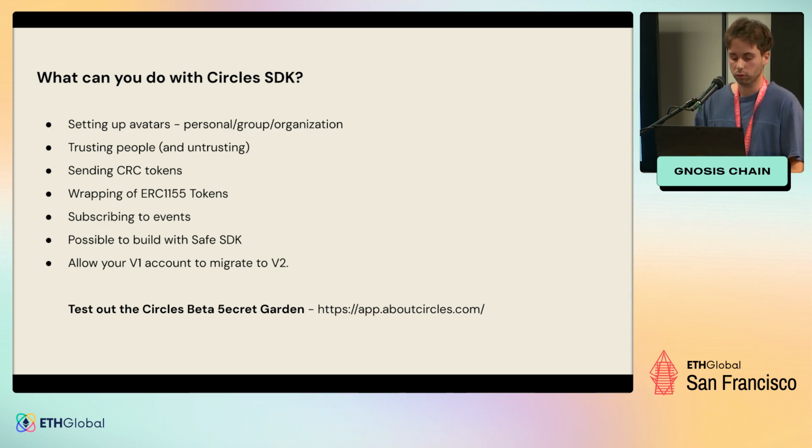There is also a function to wrap and unwrap the Circles token. You can subscribe to the events from the smart contracts. There is also the possibility to build with the Gnosis Safe SDK, so if you want to build a Safe application. And then we also have a migration function. If there are users from the old smart contracts, so Circles V1, there is a function to migrate them to V2.